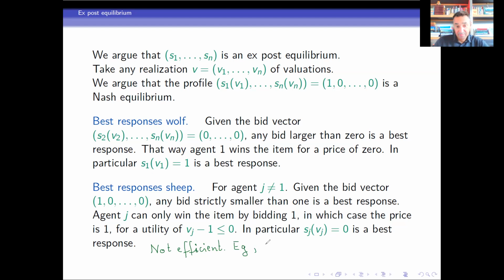For example, if there's a realization where V1 is a quarter and V2 is half, and all the other ones are, let's say 0, whatever.